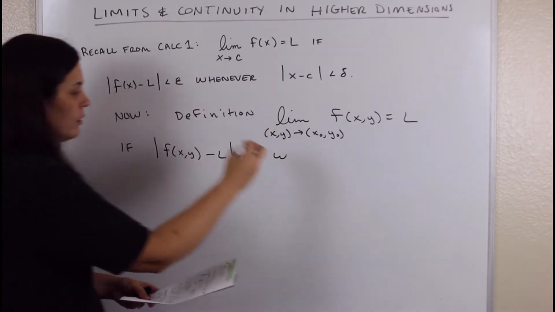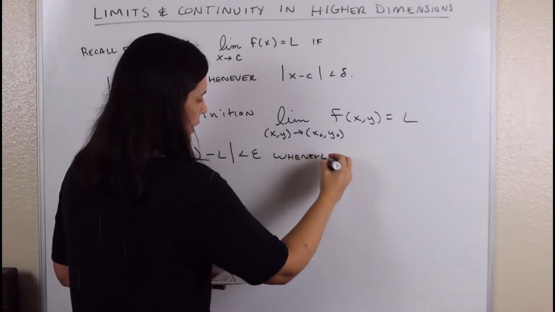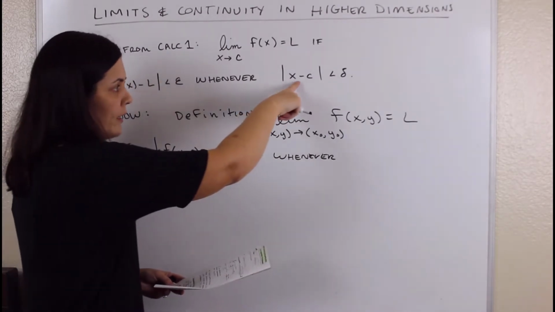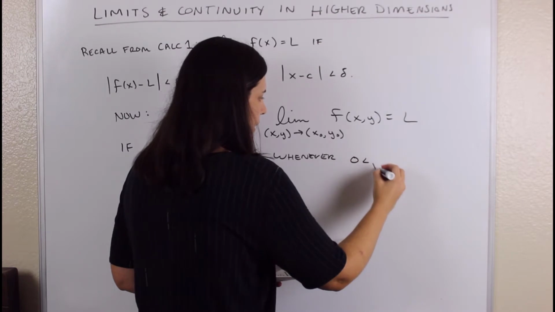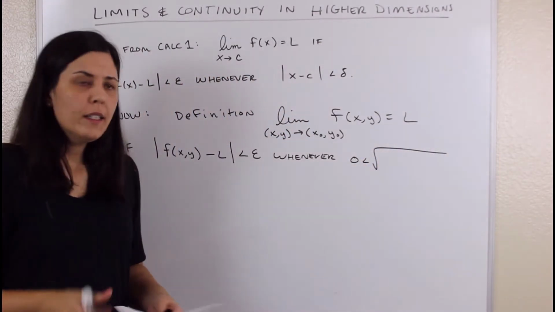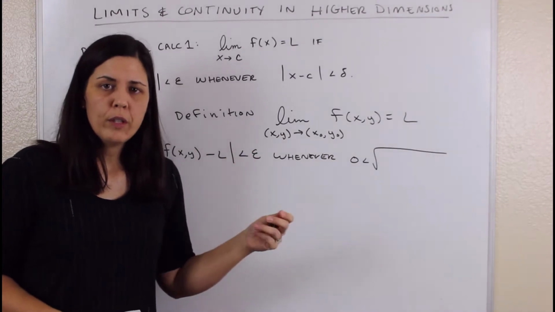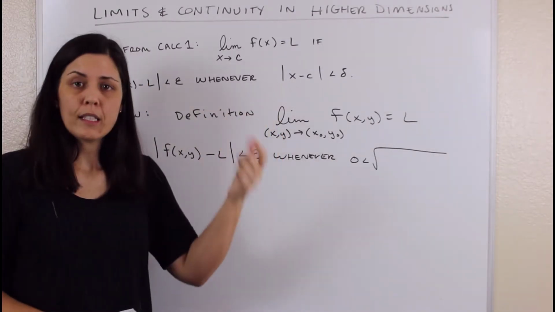Same thing here. And this is whenever, now this is where we have to think about how to translate this part. Whenever the distance between this point and the point we're approaching is small. So how do I show that with a point in space, not just a regular x number, but with an x comma y?